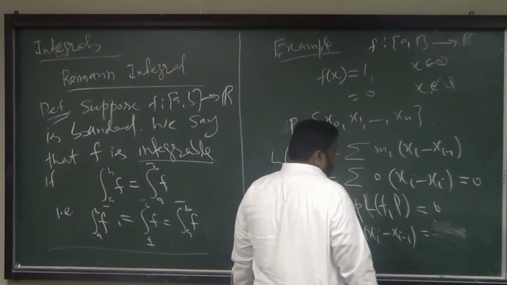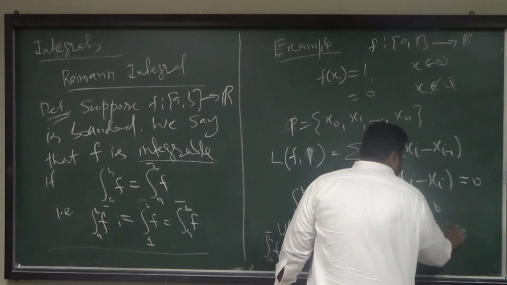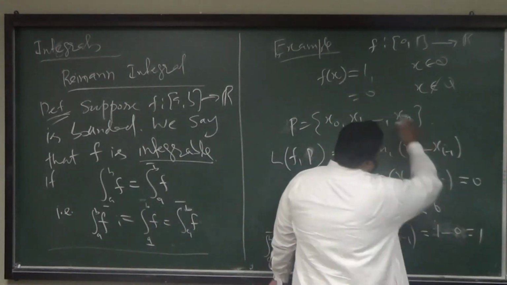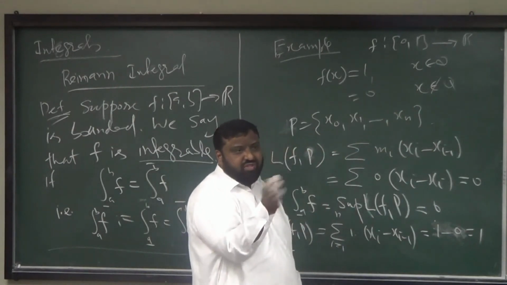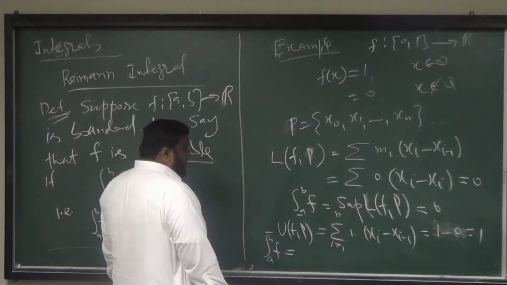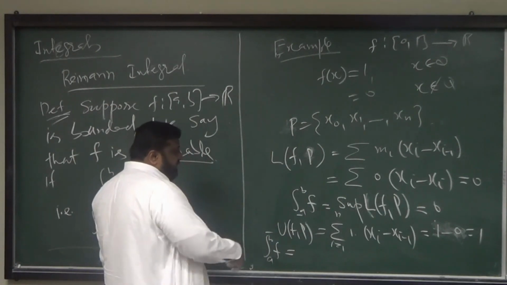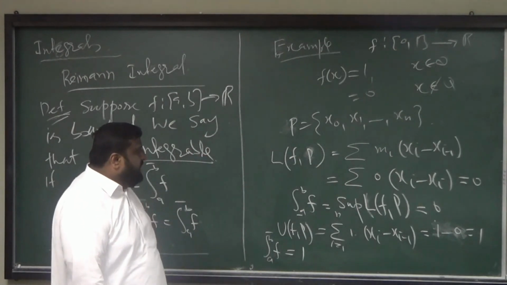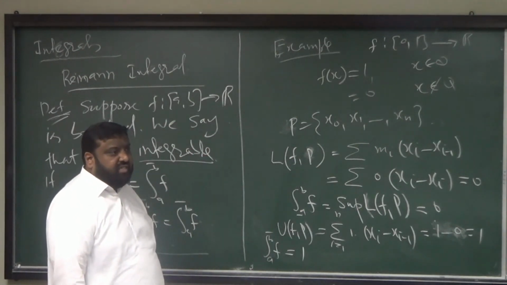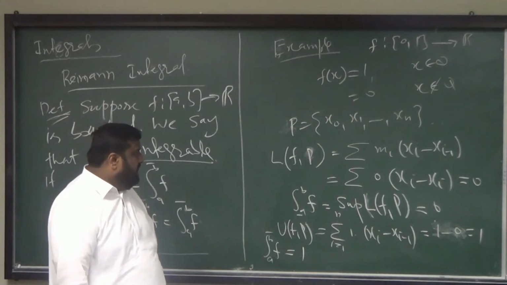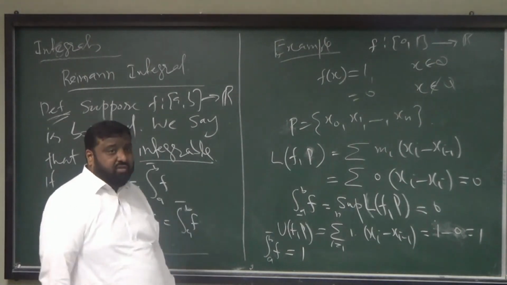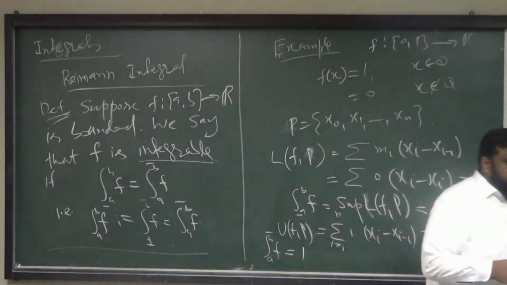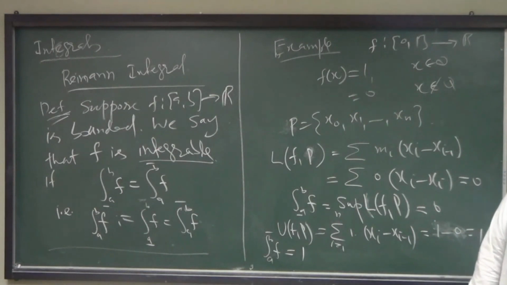The endpoints are 0 and 1, so the infimum of the upper sums is going to be 1. So the lower integral is 0 and the upper integral is 1. Both are not equal, so by this definition, f is not integrable.